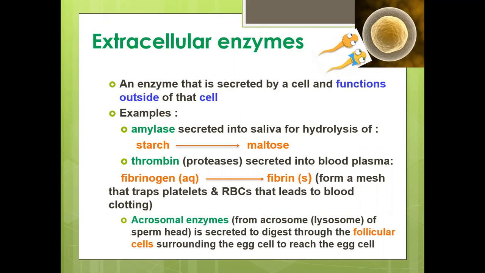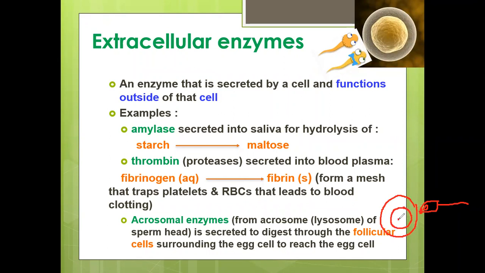Acrosomal enzymes are enzymes secreted by the acrosome. Remember, the acrosome is a lysosome at the head of the sperm, which is released. You see, this is a sperm, right? At the head of the sperm, you've got this membrane-bound organelle like our lysosome. So when it comes near the egg, it will release those enzymes to digest this layer of cells surrounding the egg.